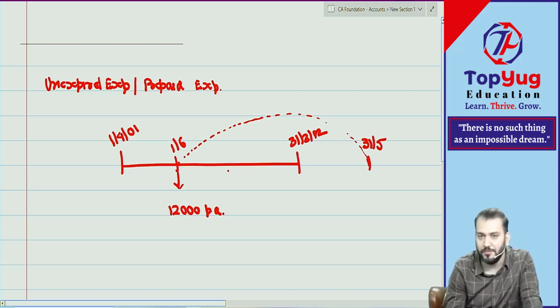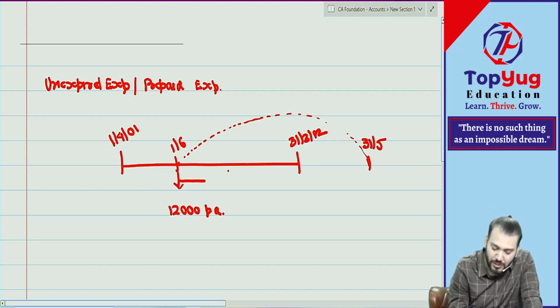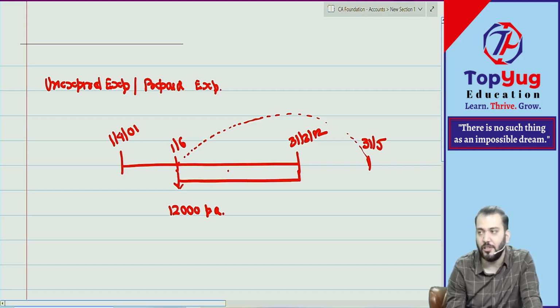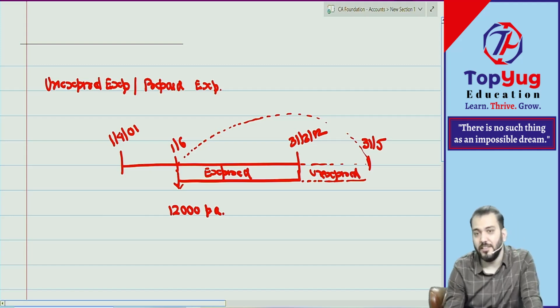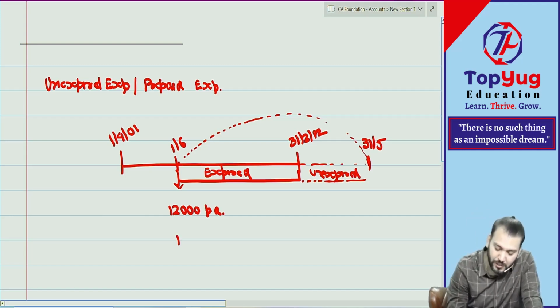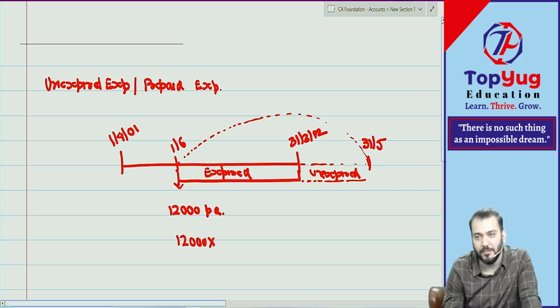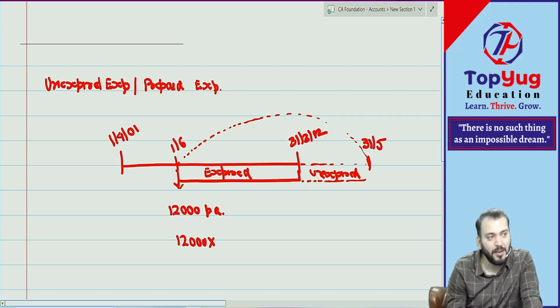These are 12 months. During the year, as on 31st March 2002, this is the expired period, and this is the unexpired period, already paid for. So 12,000 into how many months are unexpired? 2 months, so 2 by 12, and this becomes 2000.